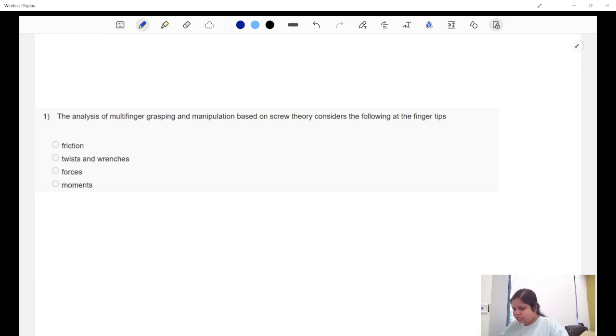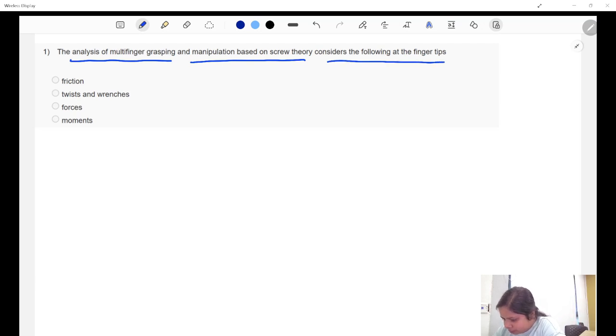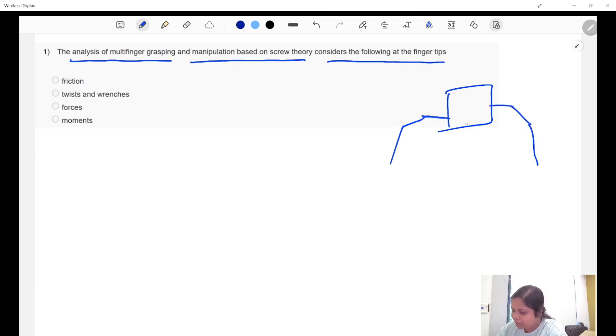The question is: the analysis of multi-finger grasping and manipulation based on screw theory considers the following at the fingertips. If you've gone through the lecture, I think you would remember what it is. Multi-finger grasping analysis is like if you have an object and this is your finger, you're holding it using your two hands and applying a force over here.